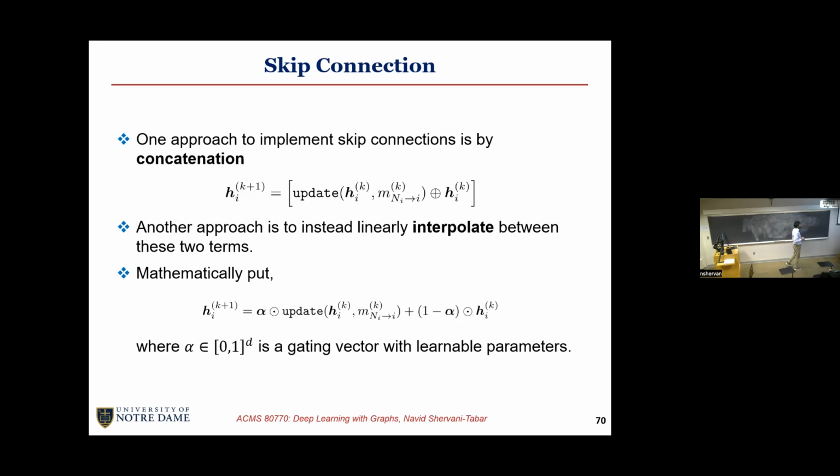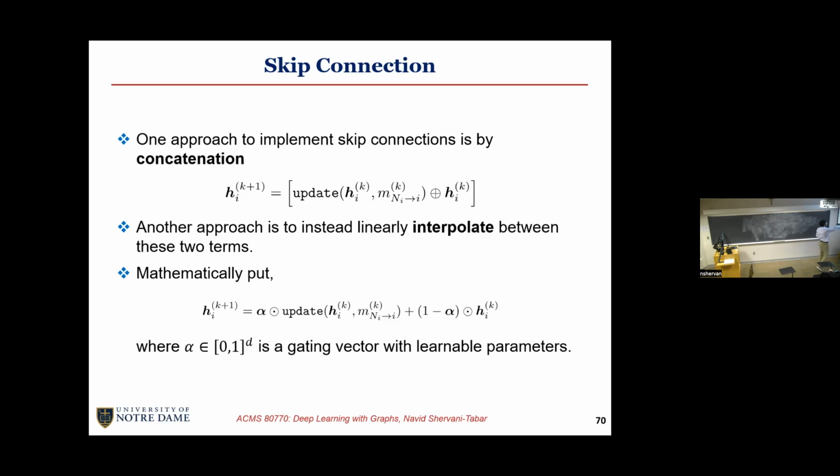So concatenation was one way to perform this. Another way to perform this is using an interpolation. So for instance, here we have our update function, which combines these two together. So that's one side of the story. The other side of the story is the embedding that we have currently at that node. And we define some learnable vector, which we call alpha. And these values of alpha are between 0 and 1.